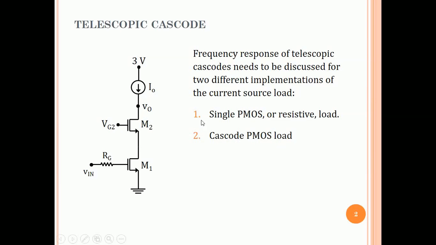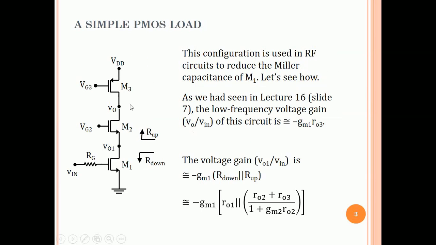Alright, in fact, we had looked at both of them earlier when we were doing the low frequency analysis. Now we'll look at both of them for high frequency analysis. So let's begin with the single PMOS load. As we had seen earlier in lecture 16, this circuit, when the output is taken here at VO, has a gain of about GM1 RO3. I hope you remember.